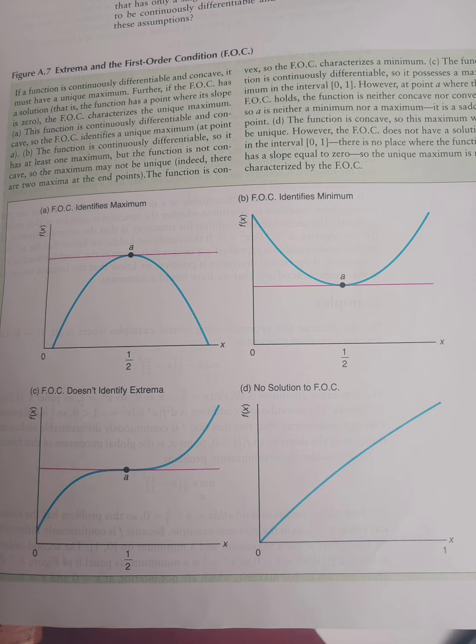The usual way to write the problem of finding a maximum of a function f(x) is max over x of f(x), where max is called the max operator. The variable x that appears below the max operator is the choice variable, and f is the function to be maximized and is called the objective function.